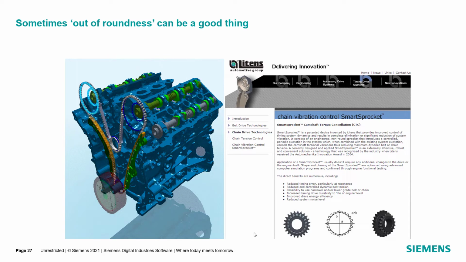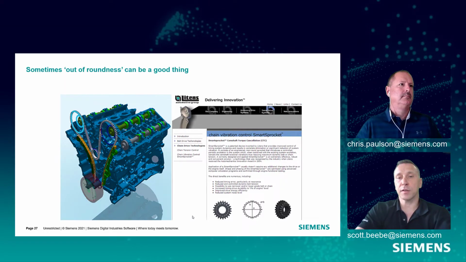Now, sometimes this is actually a preferred thing. There's a company that attended one of our seminars in the past, Lightens, and they explained that these oblong gears are sometimes desired by a given customer. So they make gears that are oblong on purpose.